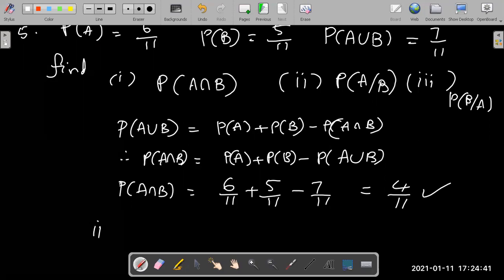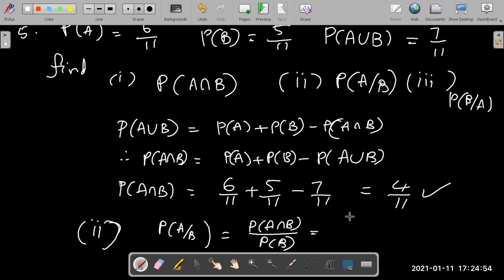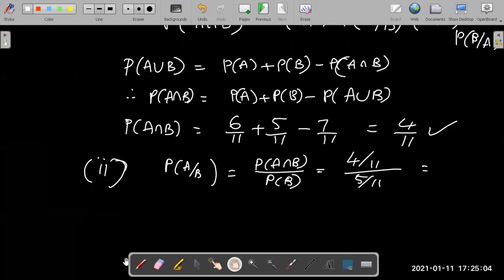Okay, sir. Sir, P of A given B is equal to P of A intersection B by P of B. Correct.